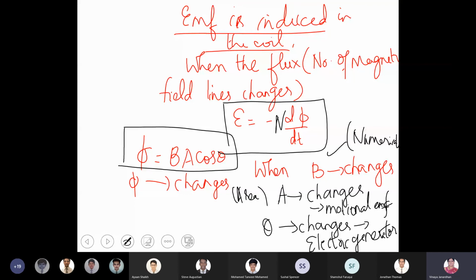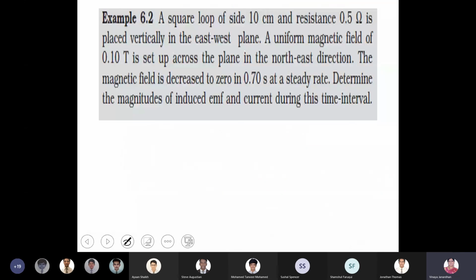Then whenever theta changes, that is when the coil rotates in a magnetic field, your flux is going to change. When the flux changes, an EMF is induced. That becomes the principle of the electric generator. Okay. So now look at this question.